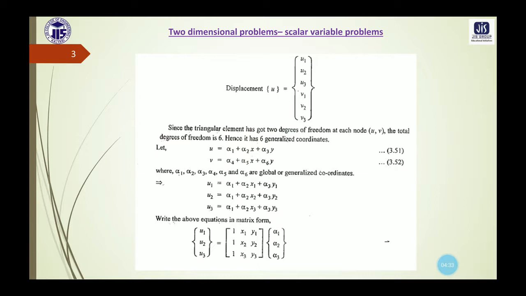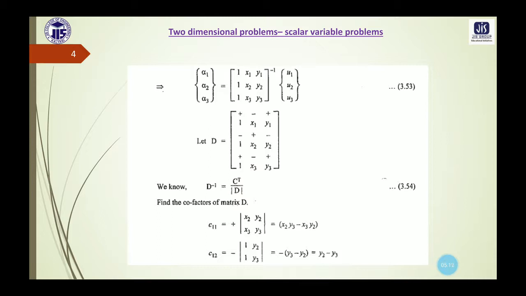Then u2 is alpha 1 plus alpha 2 x2 plus alpha 3 y2. In a similar manner we can write the equation for u3, which is alpha 1 plus alpha 2 x3 plus alpha 3 y3. Now if we write these equations in matrix form, we get a column matrix of u1, u2, u3 equal to a 3 by 3 matrix multiplied by a column matrix of alpha 1, alpha 2 and alpha 3. This is the matrix form of the displacement function equations of u1, u2 and u3.